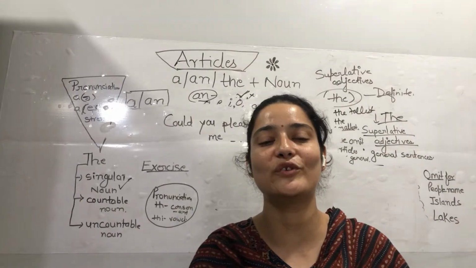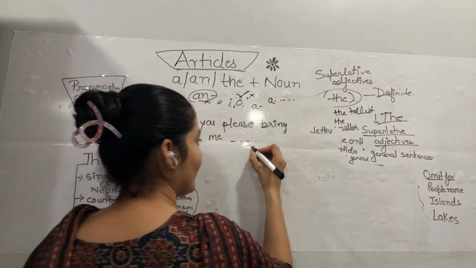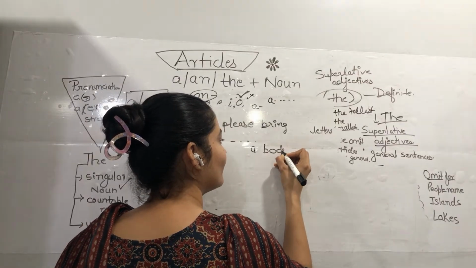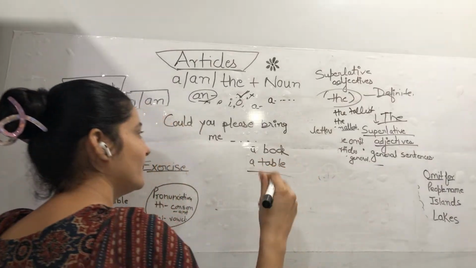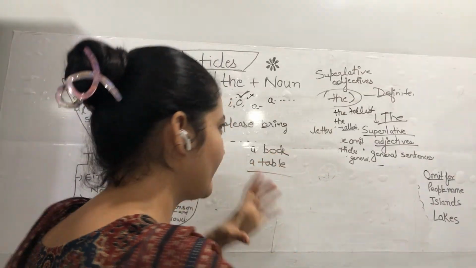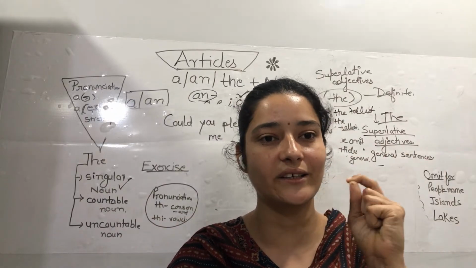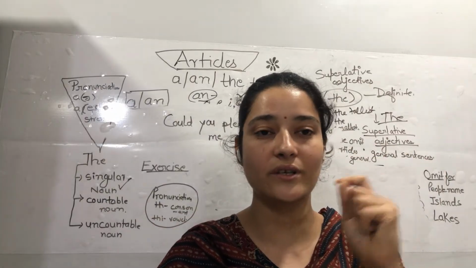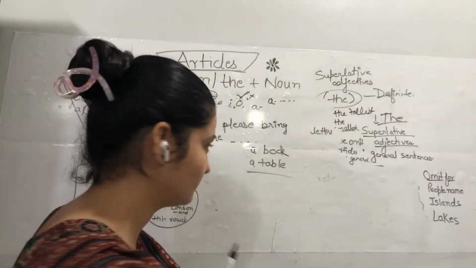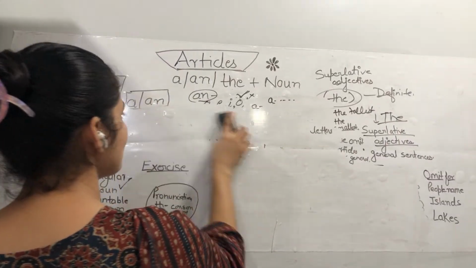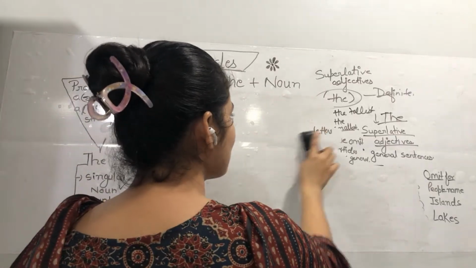That time you have to use the stressed one, otherwise a book, a table, a chair, whatsoever. Or while you are putting that pressure or stress or emphasizing, then you have to use it, otherwise you simply say a. So pronunciation also matters, not only the uses.